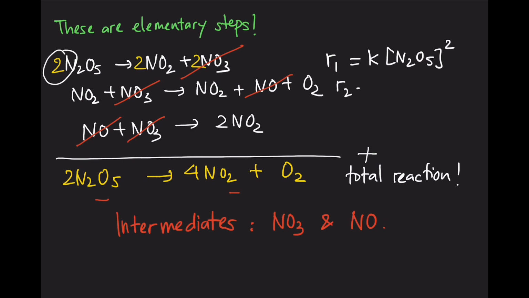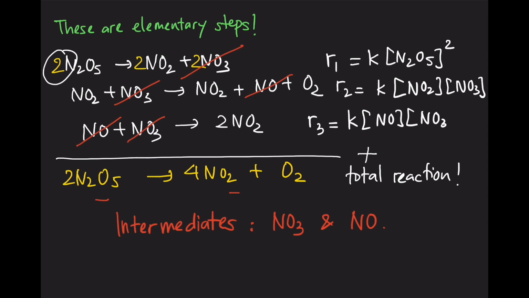For R2, it's going to be K multiplied by the concentration of NO2 and NO3 each power to the first because that is their coefficients. While for R3, or the rate of the third elementary step, we will get K equal to NO multiplied by NO3.